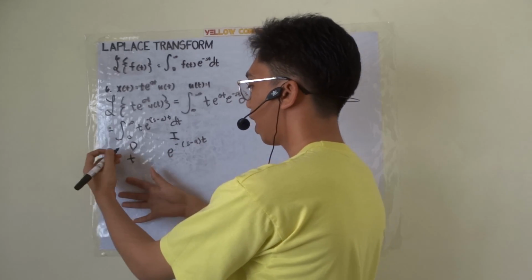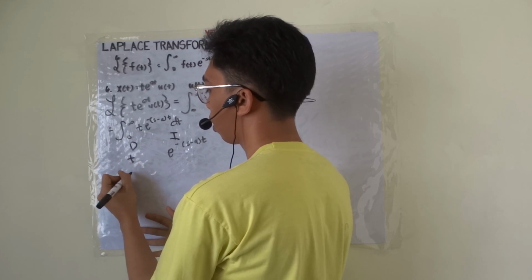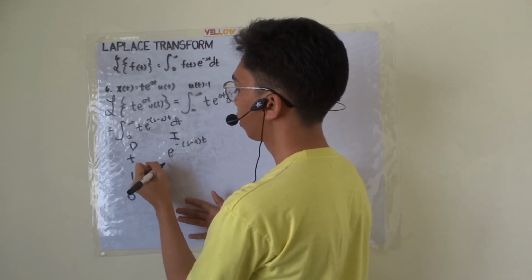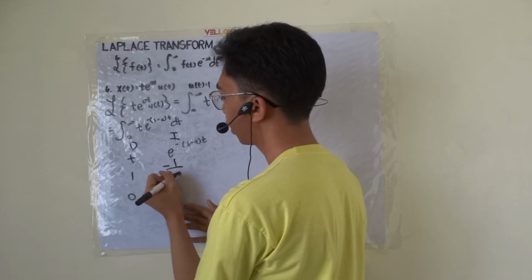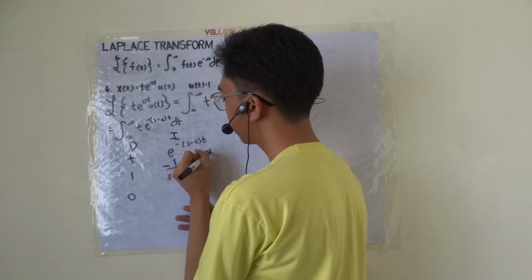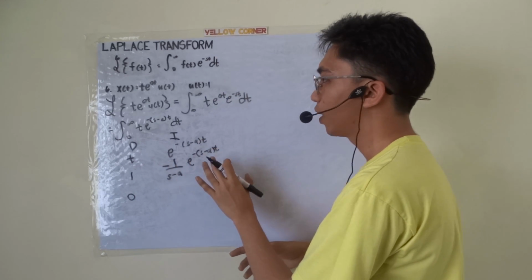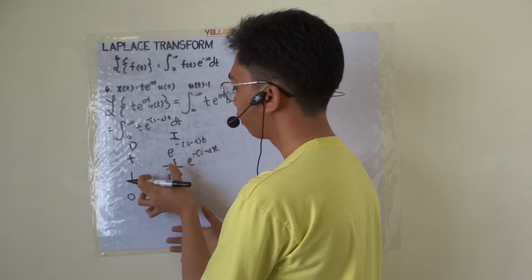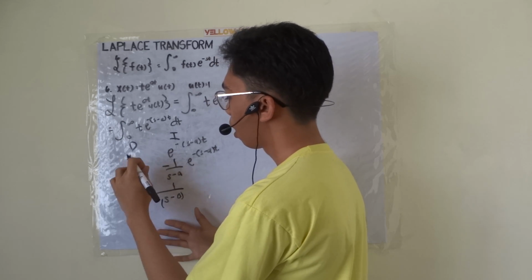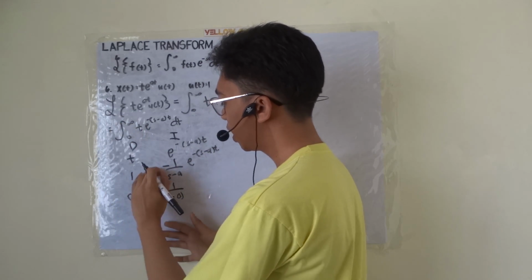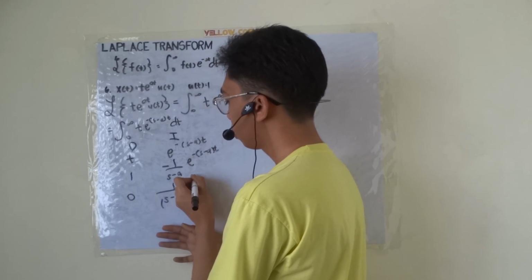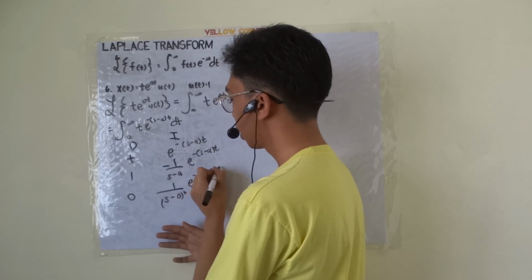So evaluating, the derivative of t is 1, and the derivative of 1 is 0, and the integral of this is negative 1 over s minus a times e raised to negative s minus a times t.